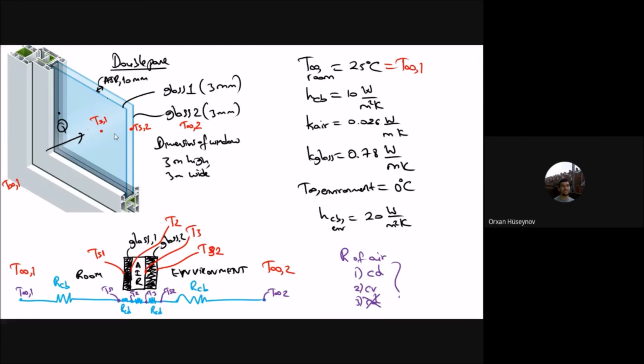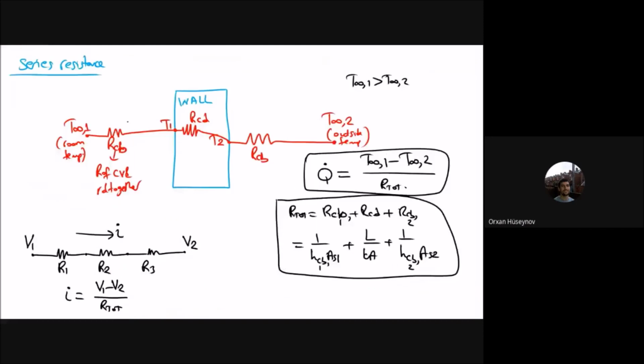Okay, and for the conduction and the convection part, if it is convection, air should move. If it is conduction, air should be stationary. Let's see that here.